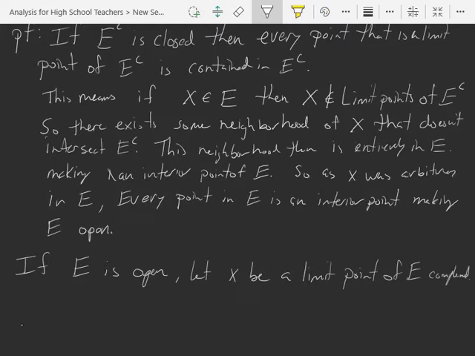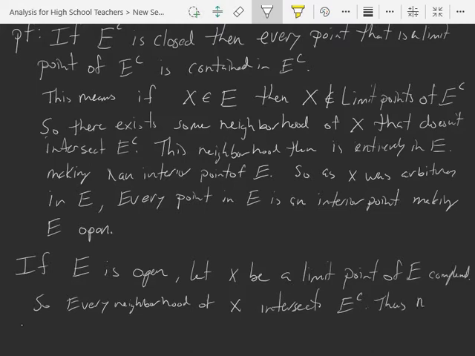Okay, that means every neighborhood of E complement intersects E complement. So every neighborhood intersects E complement.